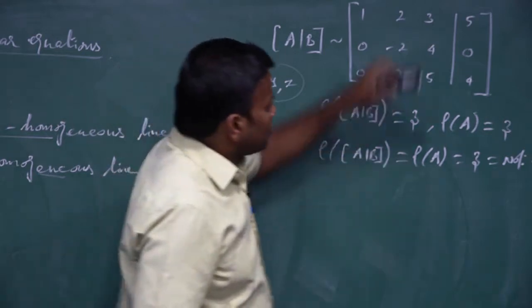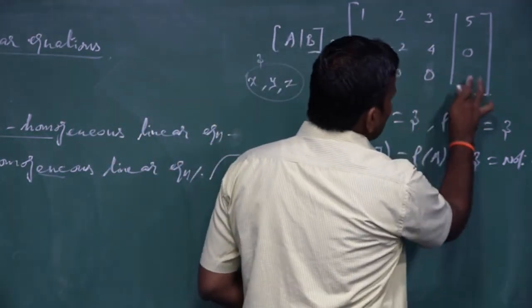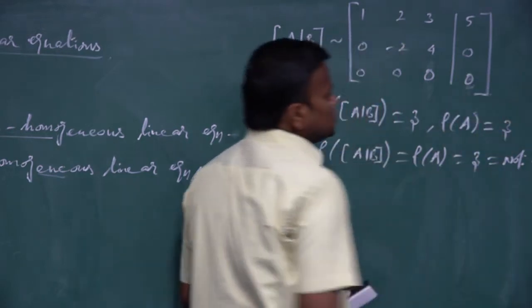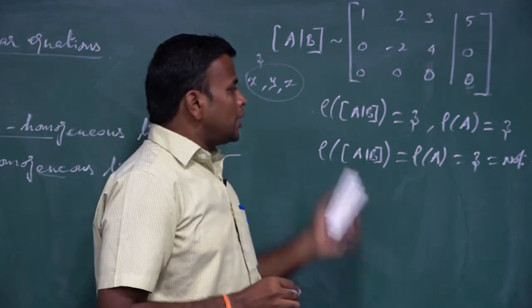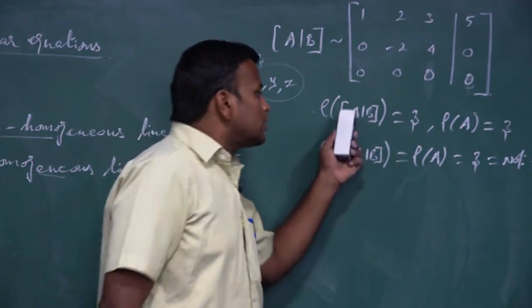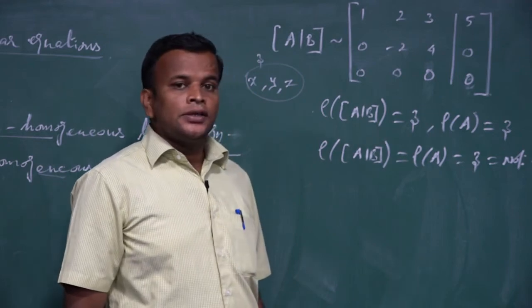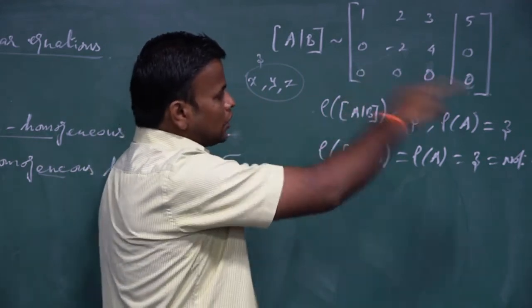Suppose this element is 0 and that element is also 0. Now what is the rank of [A|B] and A? Rank means the number of non-zero rows. First row, second row over.